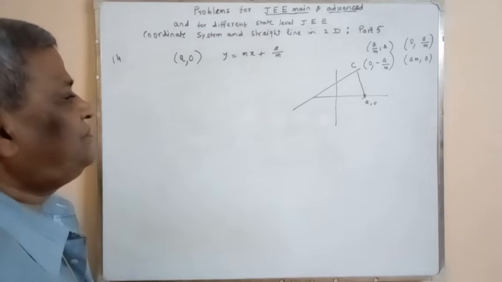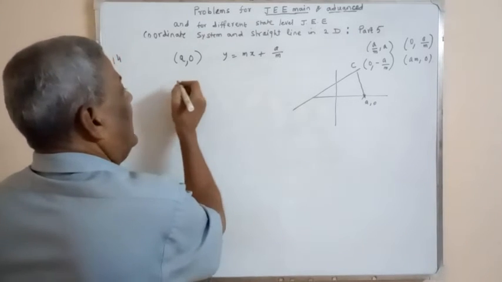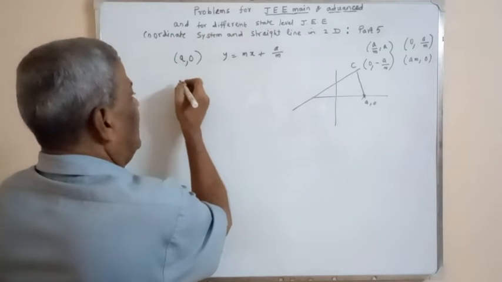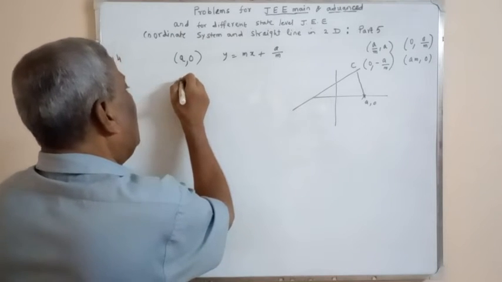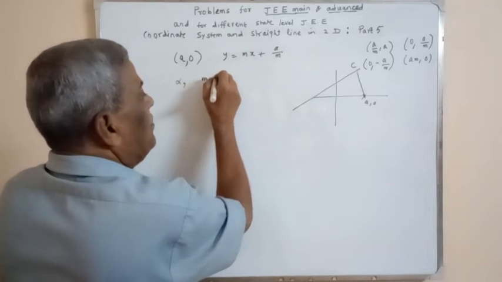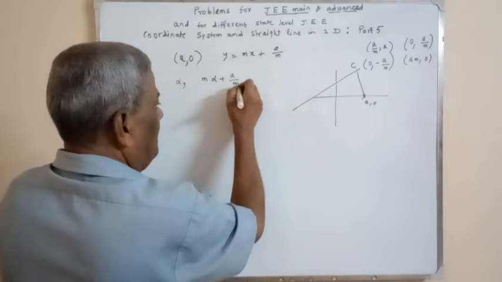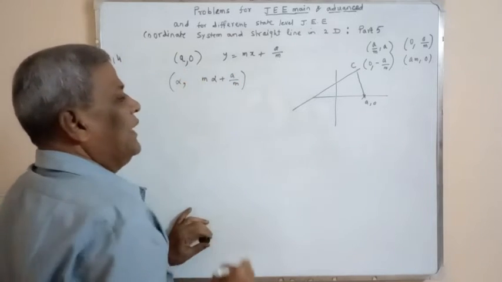So suppose alpha comma m alpha plus a by m is the foot of perpendicular.